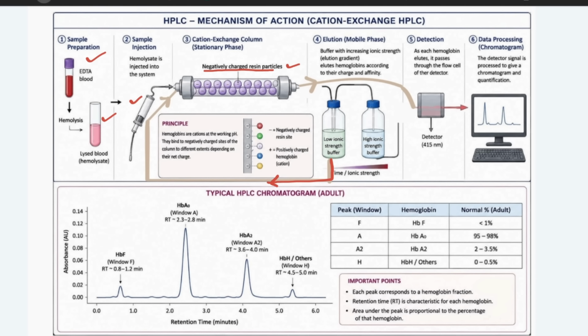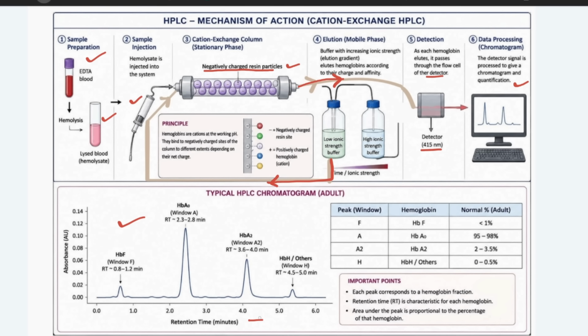When these hemoglobin fractions are coming out of the HPLC column, they are passed through the flow cell of the detector and are measured at 415 nm wavelength. The detector signal is processed to give a chromatogram, and it quantifies the hemoglobin fractions. This is the chromatogram of HPLC.